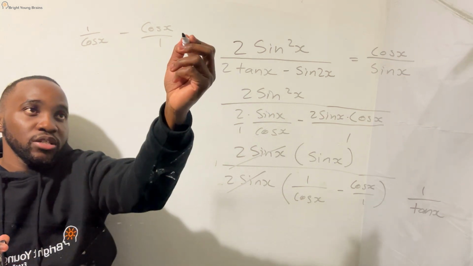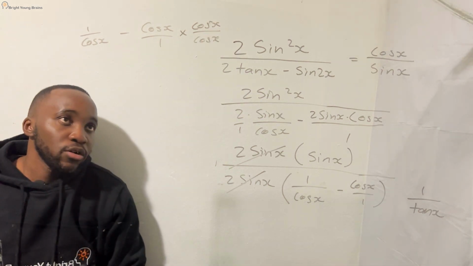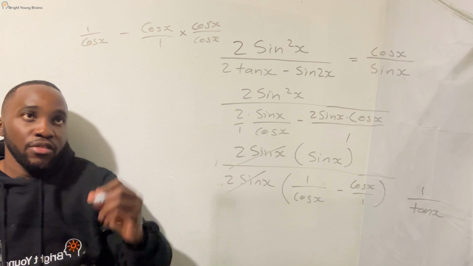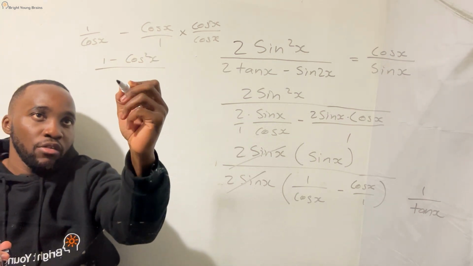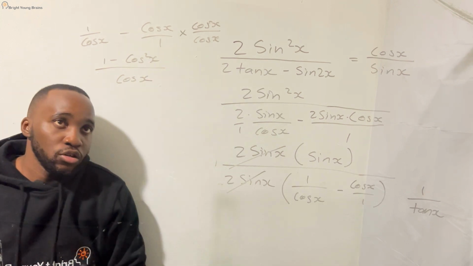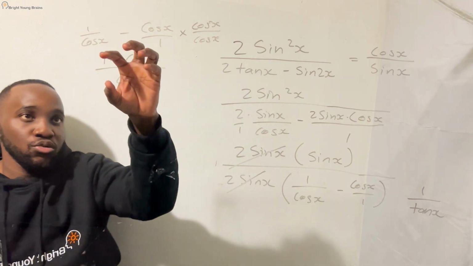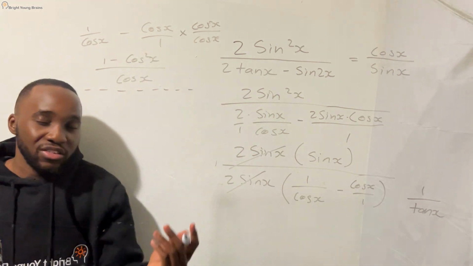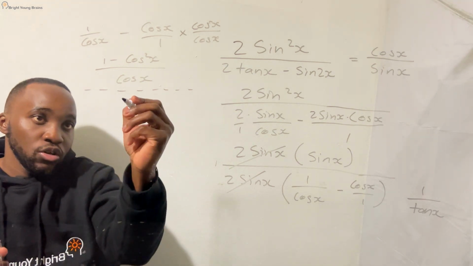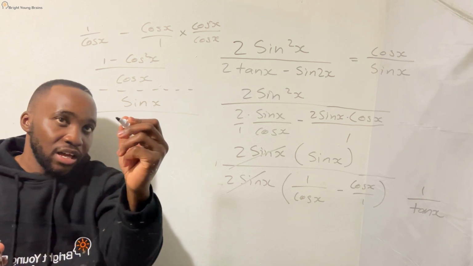So to do that, our LCD is just cos x. So this fraction we can multiply by cos x over cos x. And then what's going to happen, this is going to give us cos squared x, and then everything is going to be over cos x. So since now we know that this thing here is equal to that, we can now carry on with our main question. And this is something you can definitely always do, so that you don't find yourself writing out too many things unnecessarily.